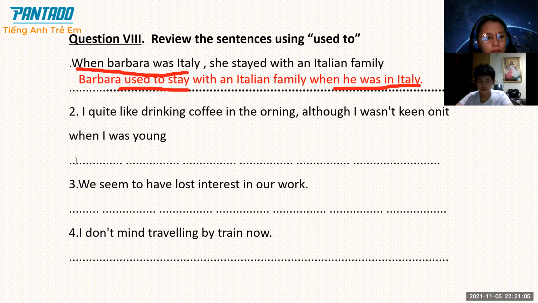So what is your answer to number 2? I'll be the one to annotate. I used to drink coffee in the morning.